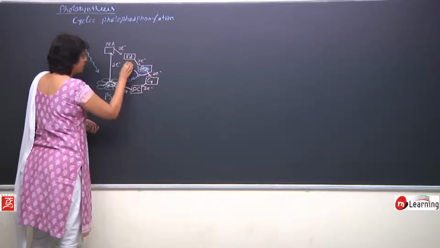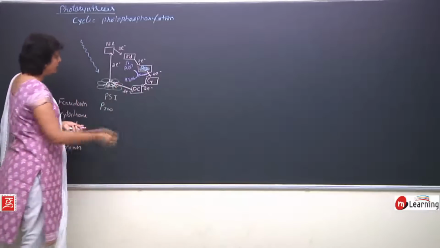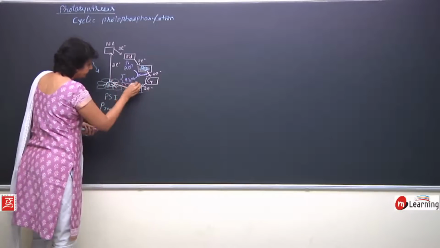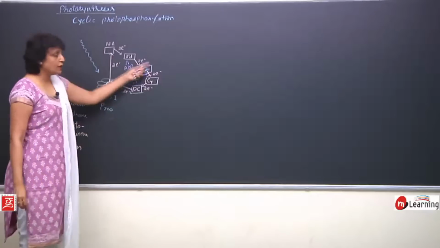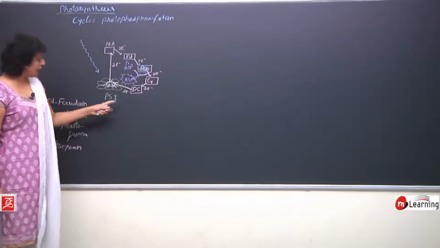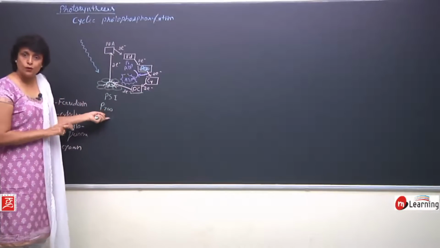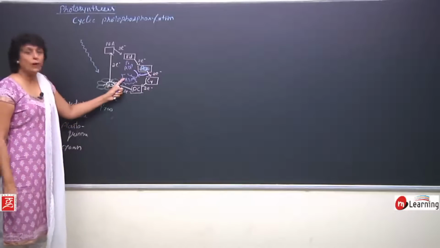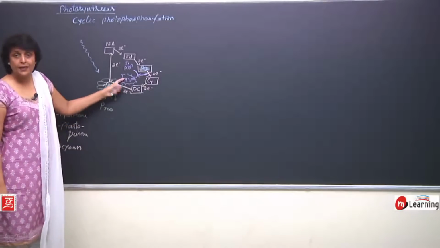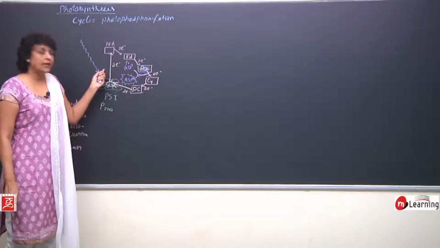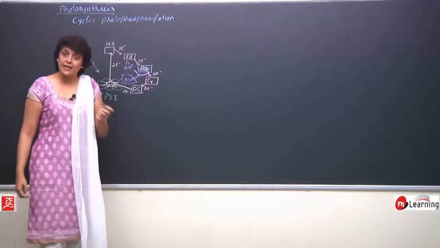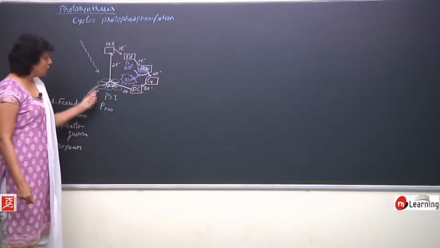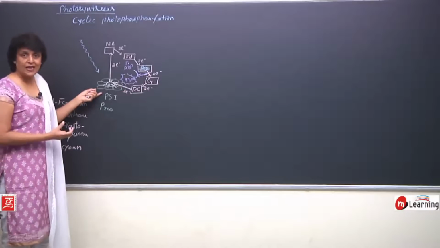Inorganic phosphate is also required, and here ATP is synthesized. So, in case of cyclic photophosphorylation, there is no need of photolysis of water, and only one thing is obtained, that is ATP. Whereas, in case of non-cyclic, we got ATP and also the reducing power, that is NADPH2. So, this is the simple cyclic one.